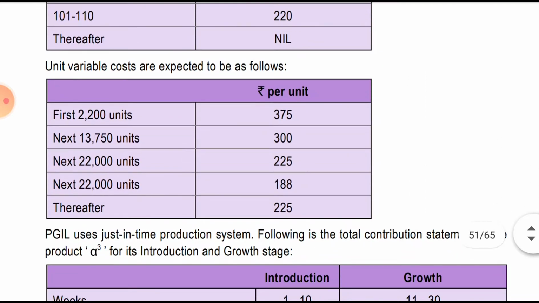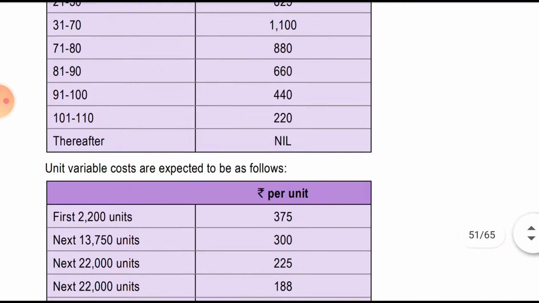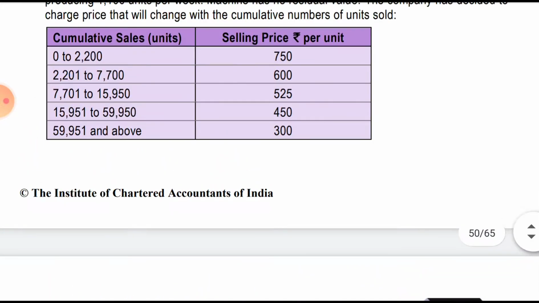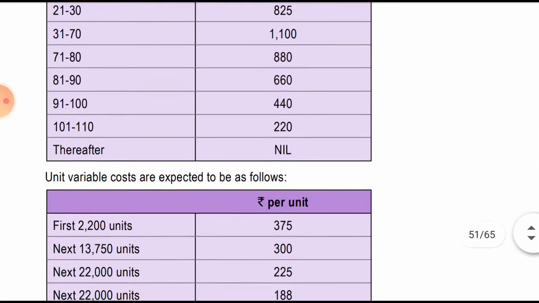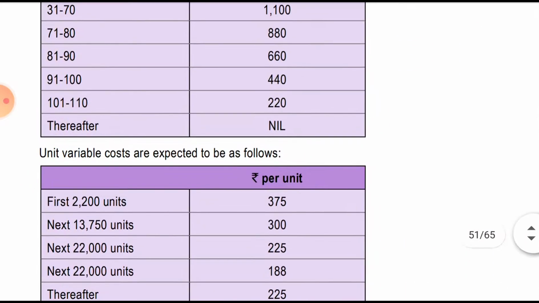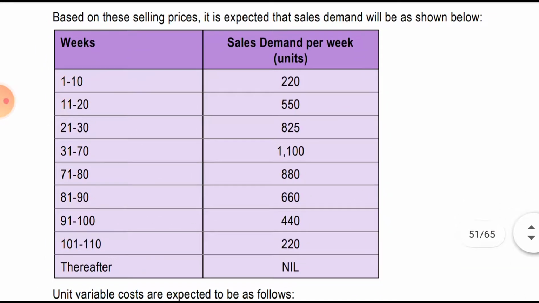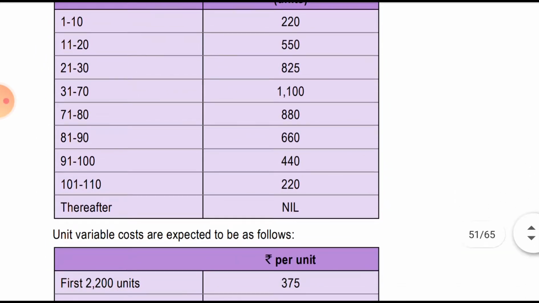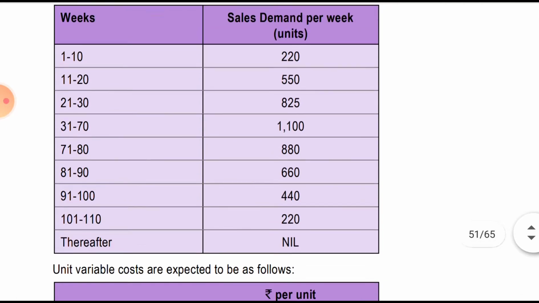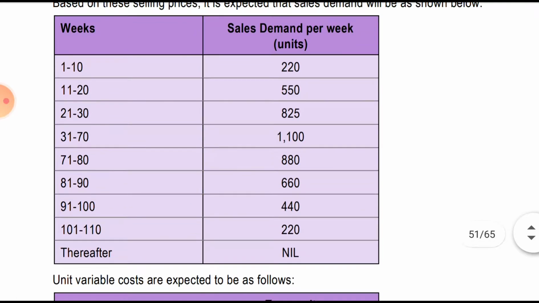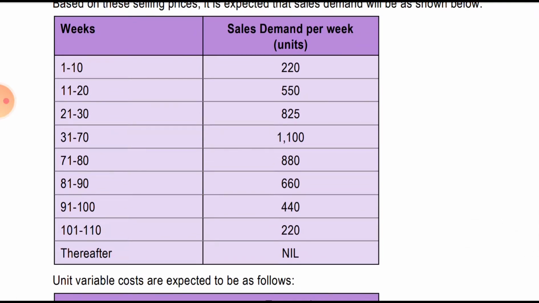Then the unit variable cost for the first 2200 units is 375. Next 13,750. Let me explain how the first 2200 came about. From week 1 to 10, it is 220 units production per week.